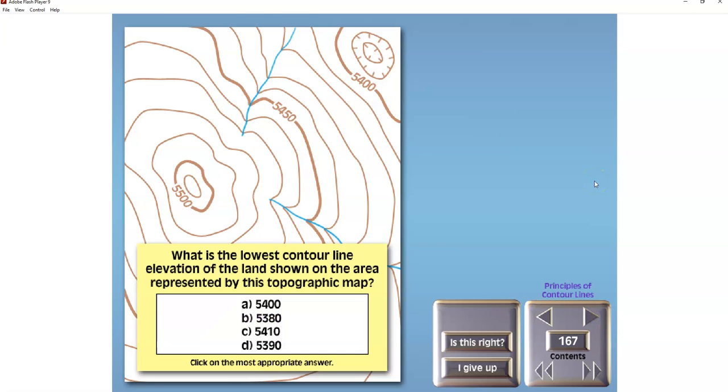What is the lowest contour line elevation of the land shown on the area represented by this topographic map? So now we're looking up here in the top right. You see those are called depression contours. So they have those little hachures, H-A-C-H-U-R-E-S. That shows downslope. So that shows a crater.